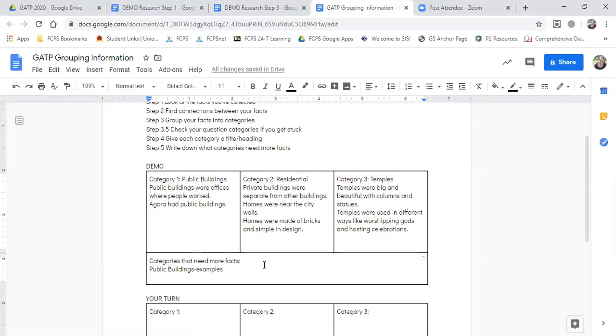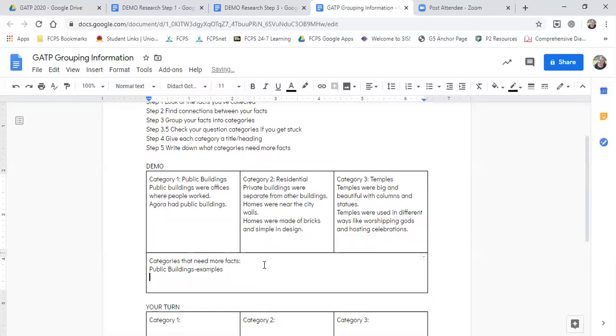And then maybe a little bit more for the temples to see some examples and maybe where they were located. I know more about where the public and private buildings were located.